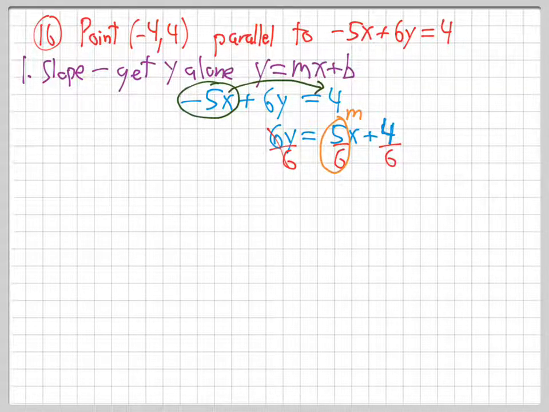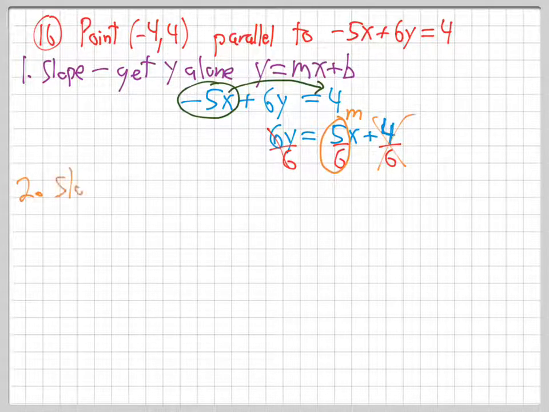Is that making sense? So we take that other equation and we just get y alone. Why? Because as soon as you get y alone, y equals mx plus b, the slope will be next to x. So the slope is 5 sixths. Now I just grab that 5 sixths and I go right into step 2. I don't care about that 4 sixths at all.